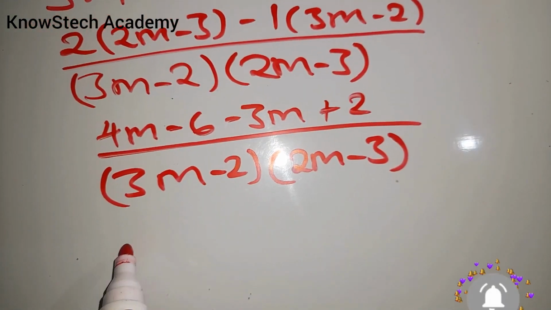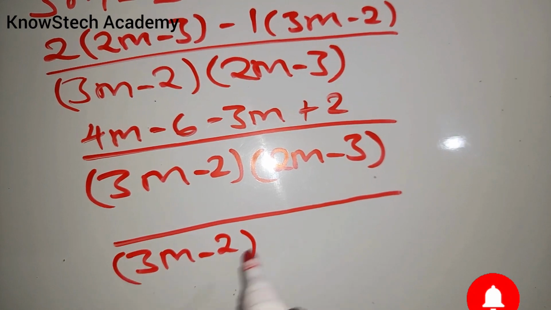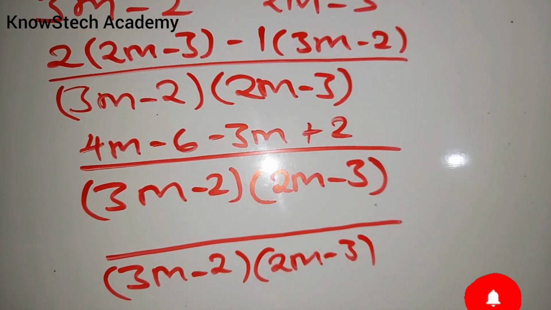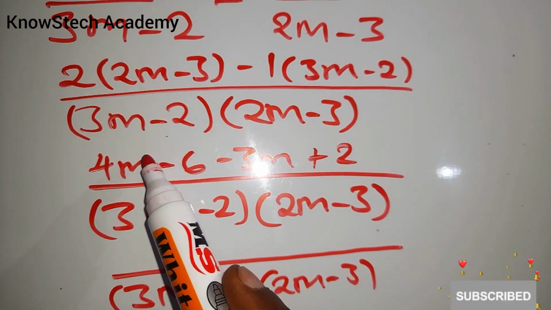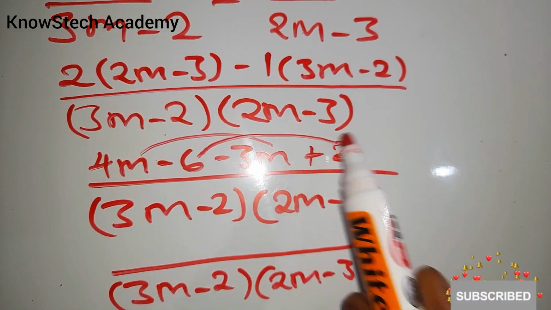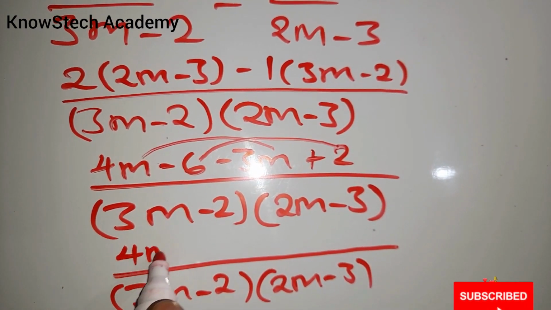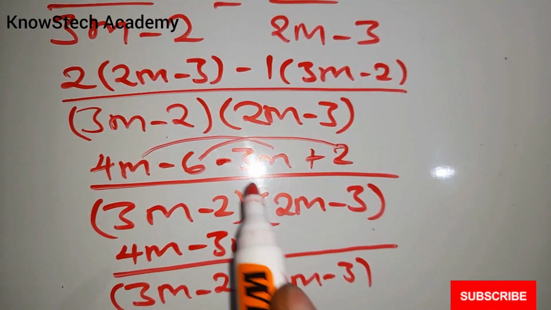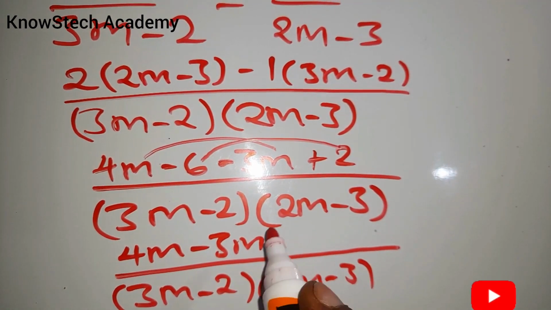Next step, you continue writing the denominators the way they are. Then look at this. You have like terms. There is an m here, even here there is an m. There is nothing here, no variable. So here will be 4m minus 3m. The sign won't change here because this negative 3m has not crossed an equal sign.